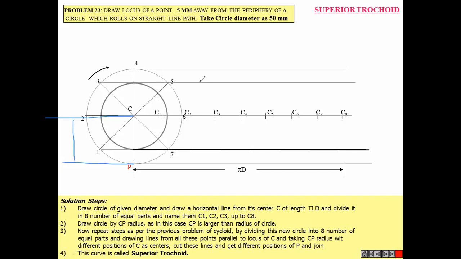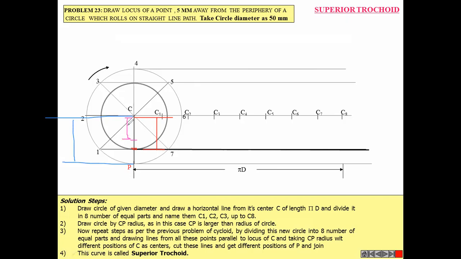Clear? In the earlier case, my P was here, and the radius I took was this much. If the case arises, which we will see in the next case, that my P is here somewhere, then I will take this much radius.